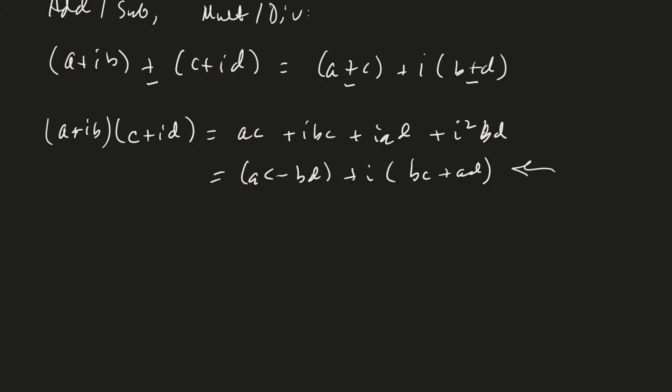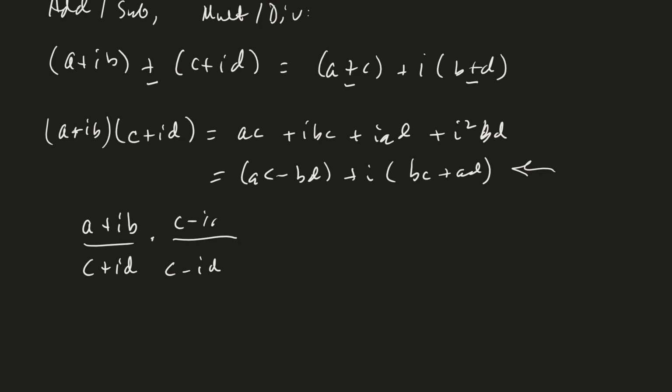Good. And finally, how do you interpret division of two complex numbers? Well, the idea is that we need to get the complex number out of the denominator and make it a real number because we know how to do real division. And so we're going to multiply by the conjugate.